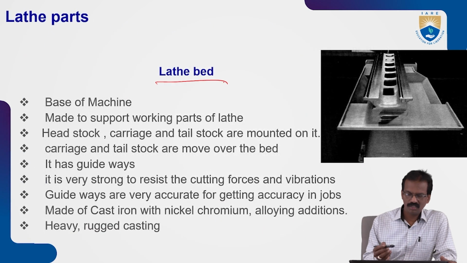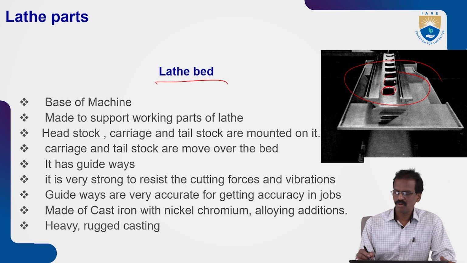We already discussed this one, so here I have given just a few points. This is the lathe bed. It has some hollow space to reduce the weight of the bed and to collect the chips which are formed in the machining.